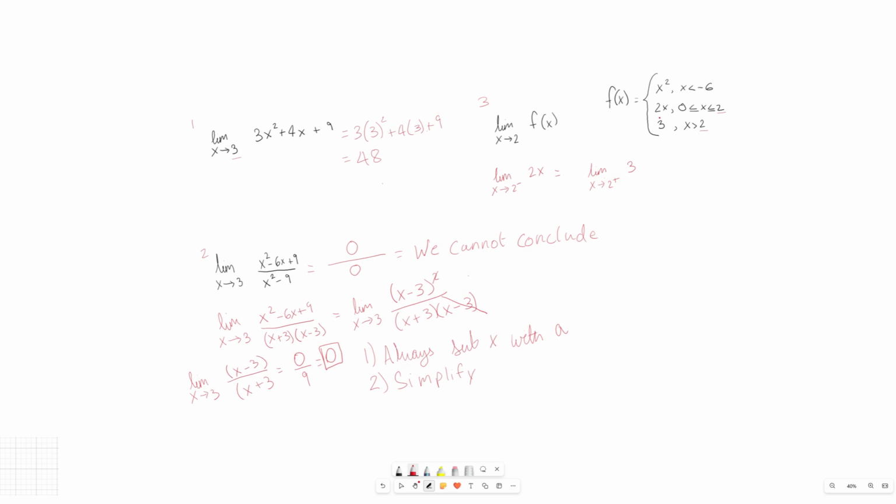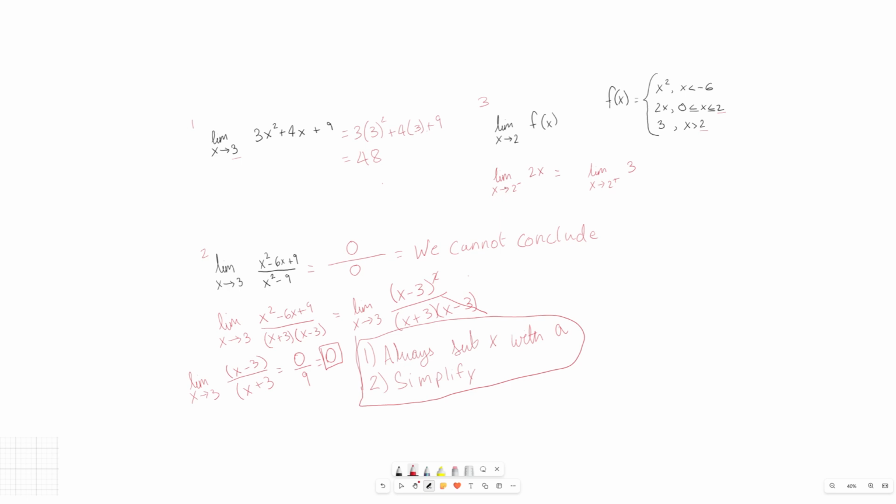Okay, so now you do the same thing as step 1. Always sub with a. So 2 here is a. This minus and plus don't mean anything except for notation.